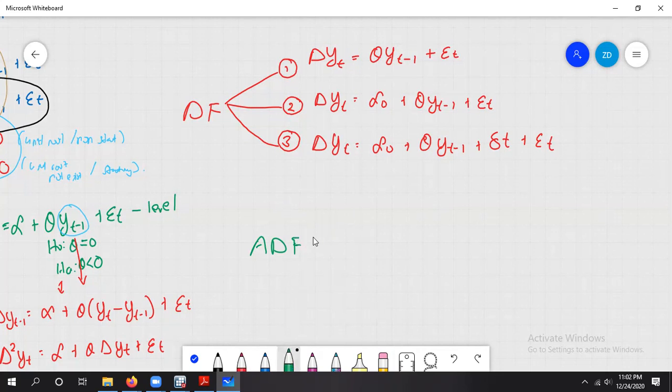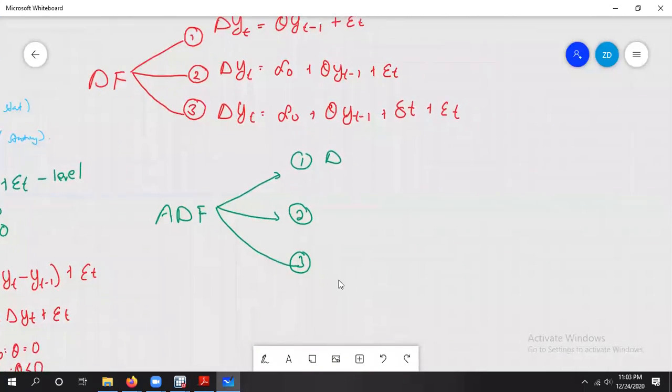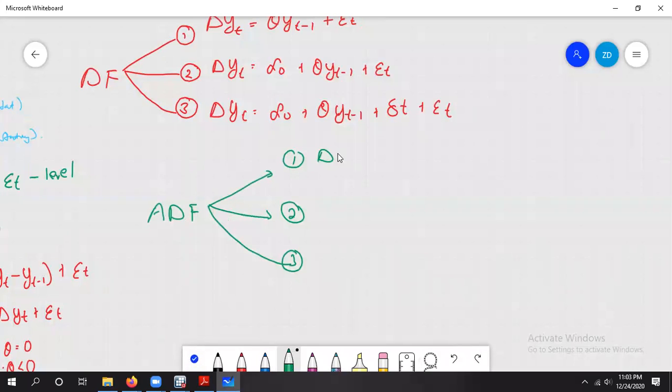We have the same as the Dickey-Fuller: there is no intercept, with intercept, with intercept and trend. And then this model will become something like this. Our equation will become yt equal to theta yt minus 1.